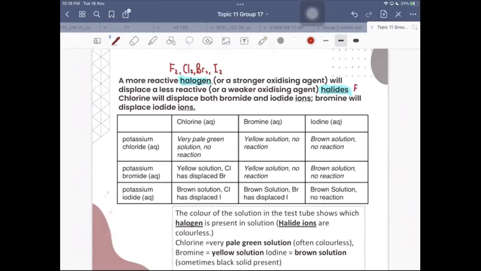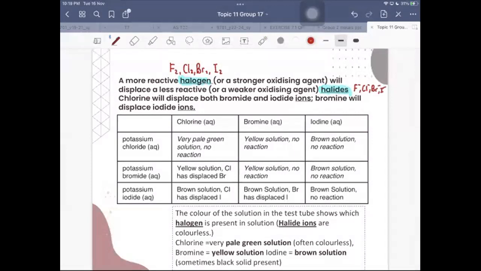Okay, halogen is the molecule, halides is the anion: F minus, Cl minus, Br minus, and I minus. Be careful with the formula. It's not F2 minus, right? Halides are a single ion, monoatomic, okay? And it has a charge of -1.